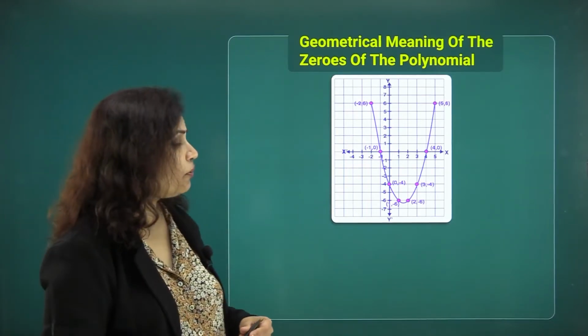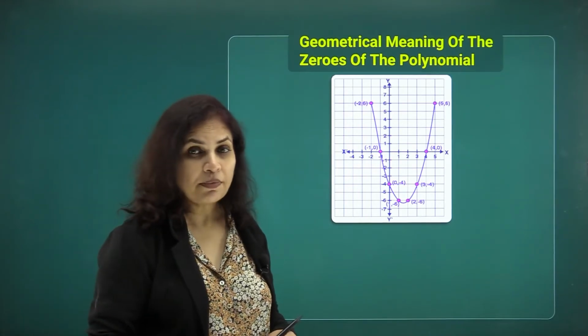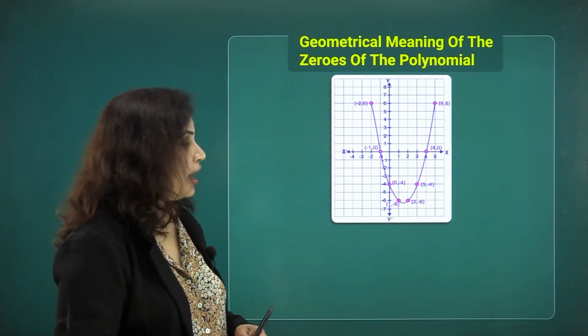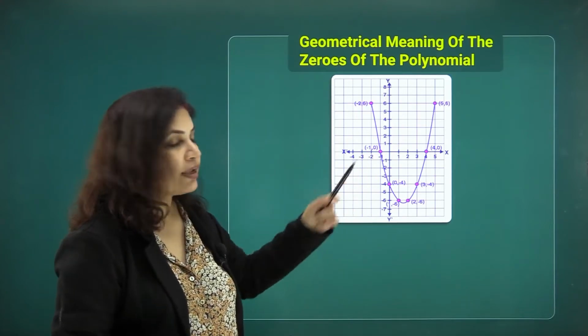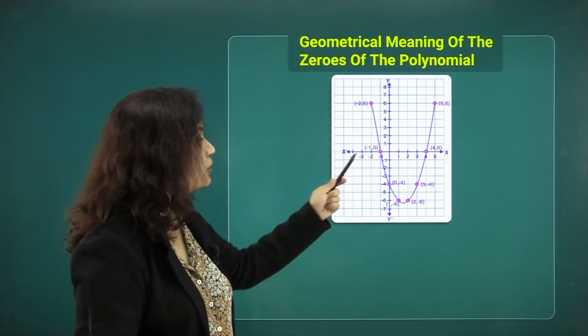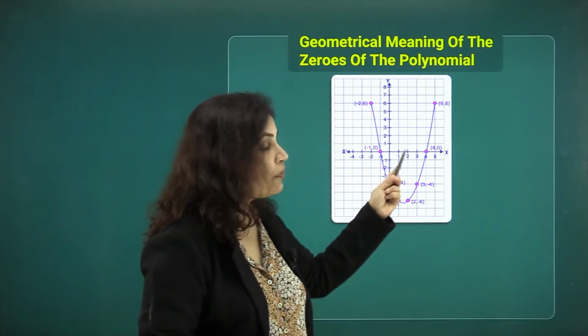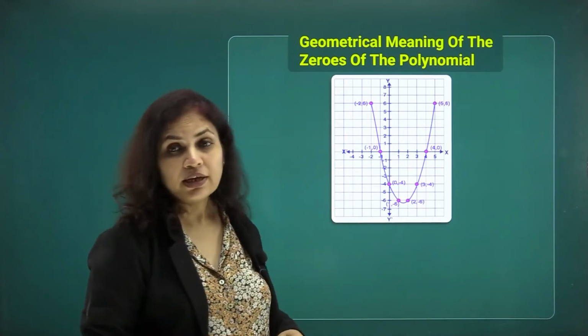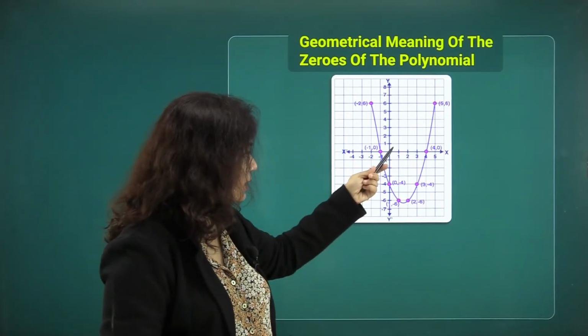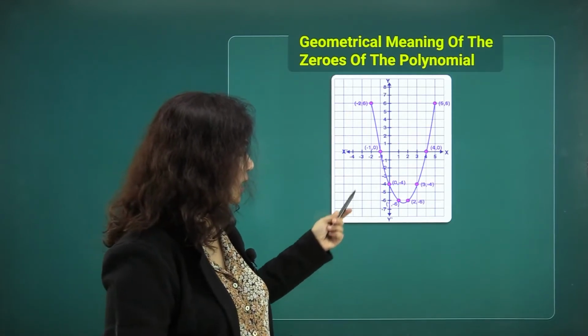A quadratic polynomial will give rise to a U-shaped curve known as parabola, and the parabola can intersect the x-axis maximum at 2 points, and these 2 points can be equal in case the parabola passes through one point only, that I will show you in the diagram.